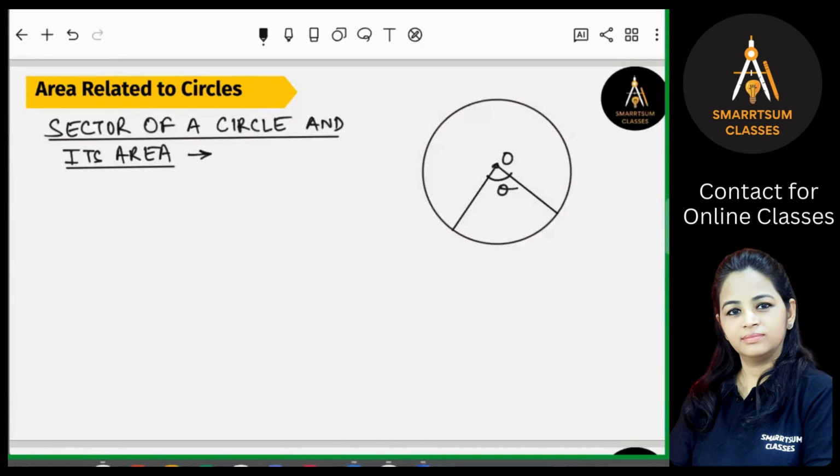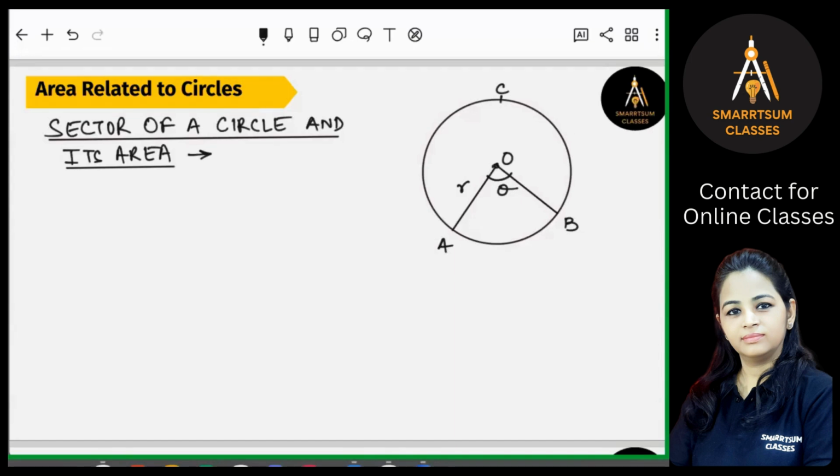Now, let us see the sector of a circle and its area. Consider this circle as you can see here in the diagram. The radius of this circle is suppose r, and O is the center. Let A, B and C be three points on the circle, as you can see here.